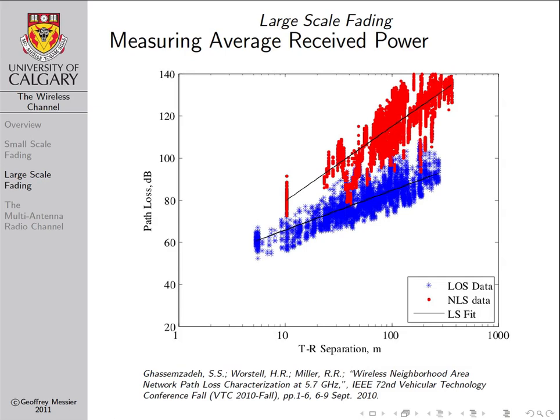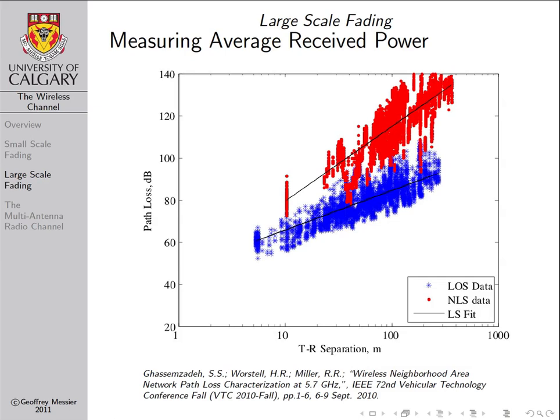And so what the authors of this paper would have done is basically have gone out in an outdoor environment, in this particular case, and measured average received power at a variety of positions in their outdoor environment. At each one of these measurement locations, they would have determined average received power as I described on the previous slide.